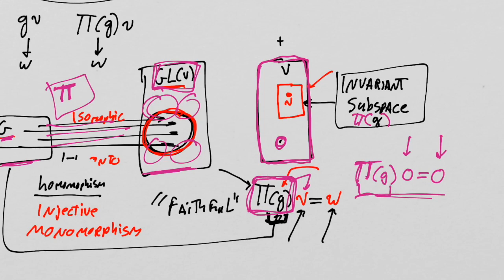There is a word for the circumstance when you have a representation where there are only two invariant subspaces, the zero element and the set itself. If the only two invariant subspaces are the zero element and the entire vector space, that is called an irreducible representation.